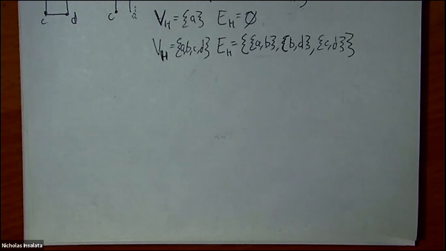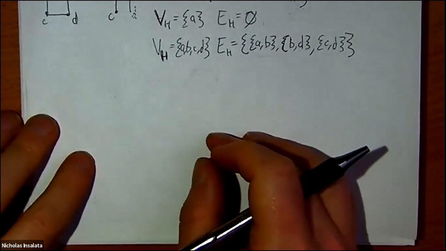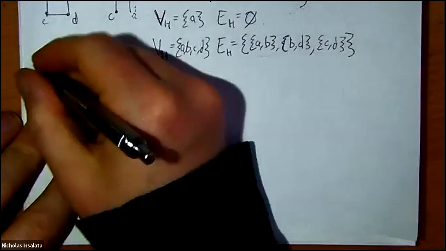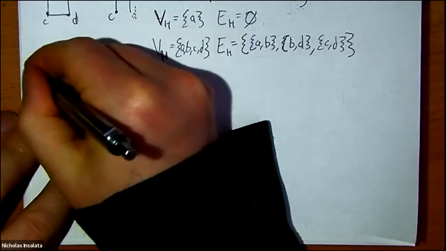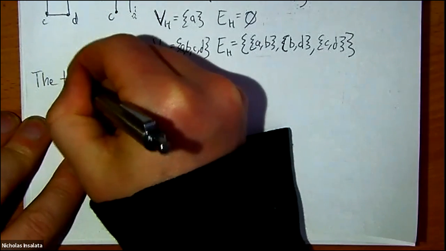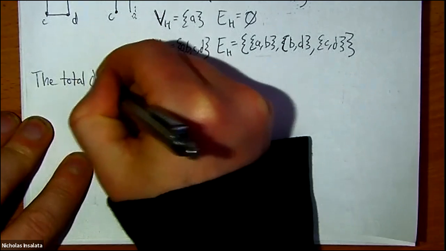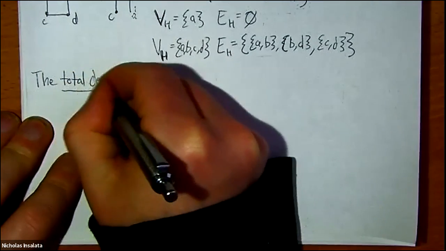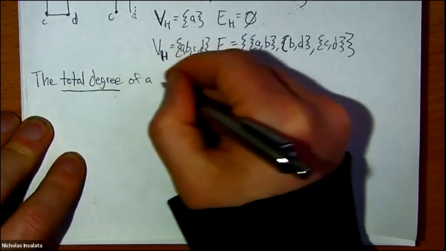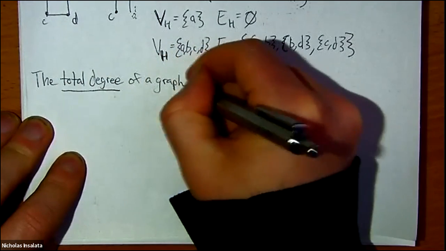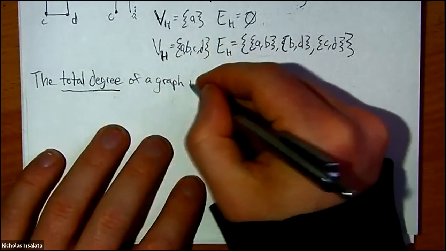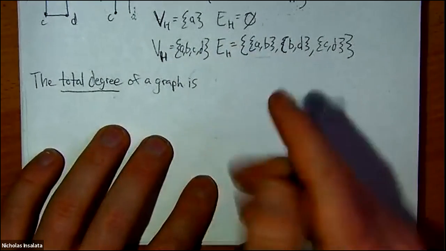Okay, so let's do this. The total degree of a graph is the sum of the degrees of all the vertices.